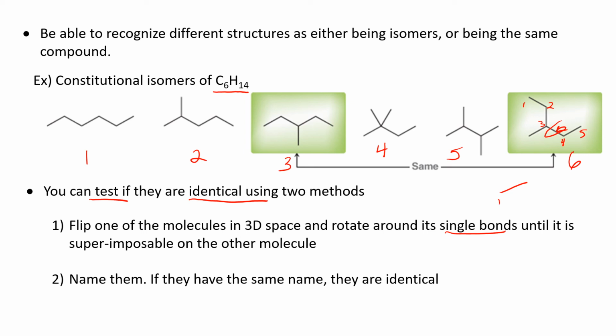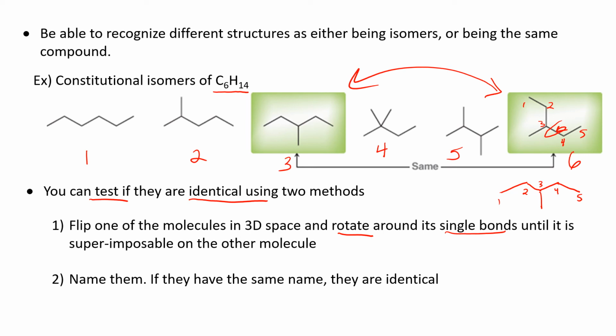So let's start with carbon 1, 2, 3, and there's 4, and I'm rotating that single bond. There's that branch. We see that these are actually the same molecules. So by rotating around a single bond, we can determine if they're different or the same.